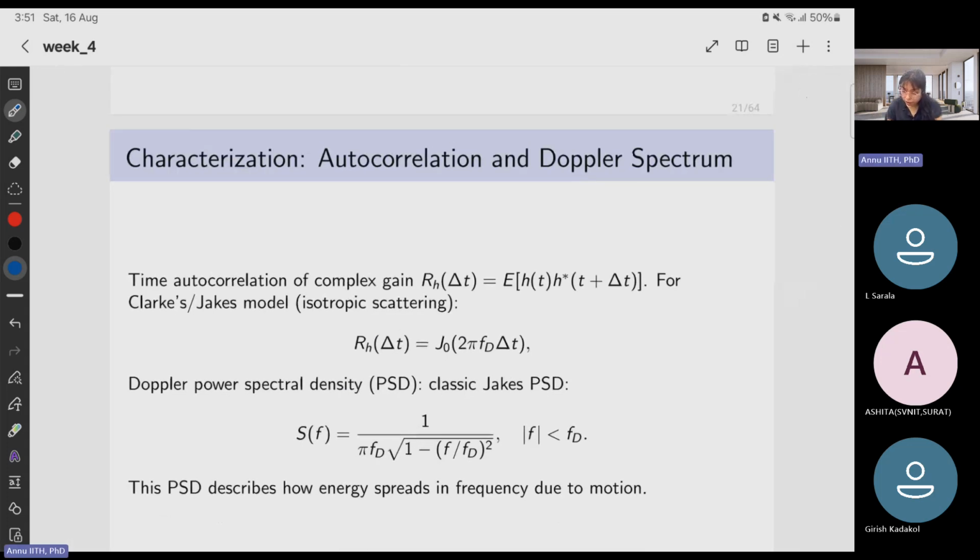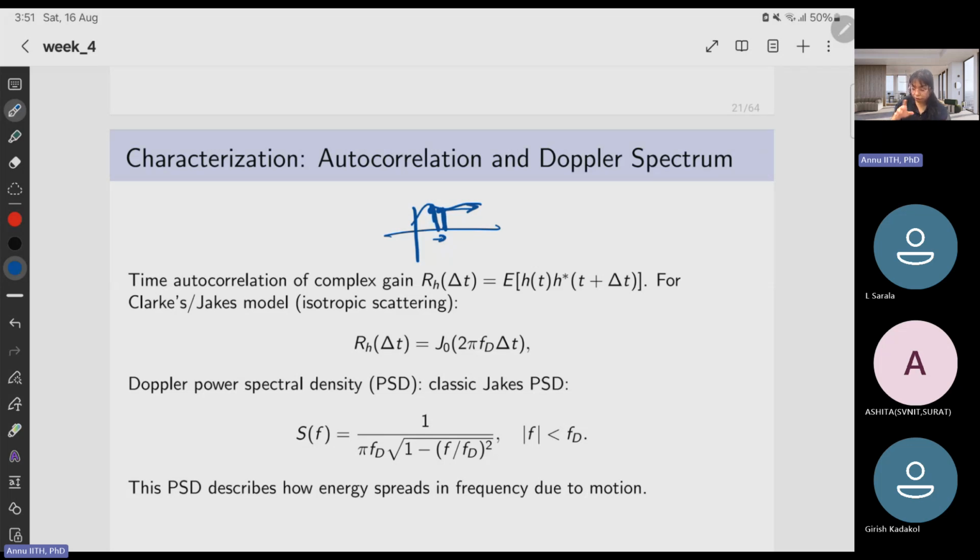There's an autocorrelation coefficient and the Doppler spectrum. Time autocorrelation of complex gain is nothing but the expected value of h of t into h star of t plus tau. So if you're calculating with channel gain like this, you multiply this value with this value, and then you take the expected value for different time ranges, then it is autocorrelation.